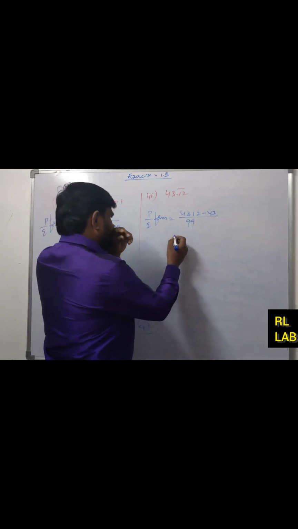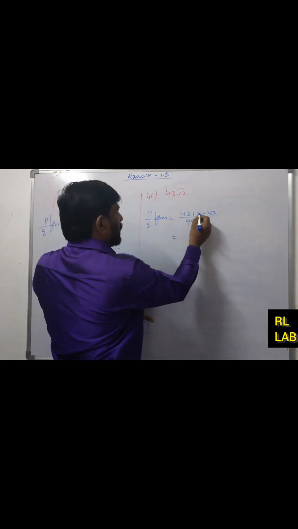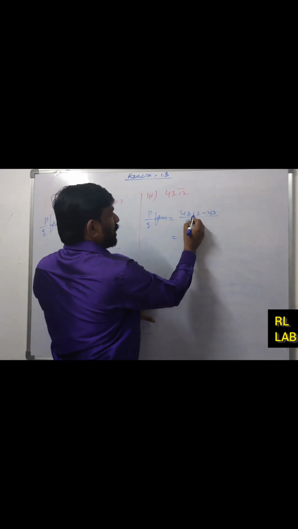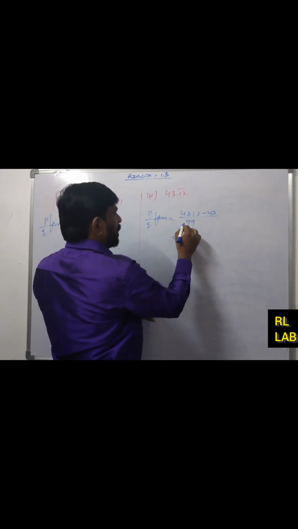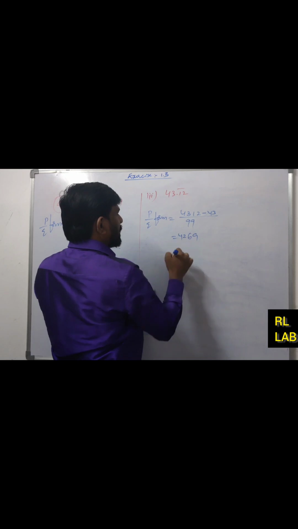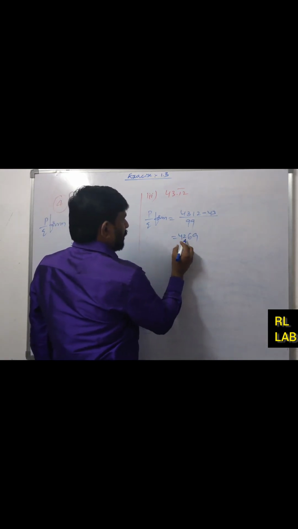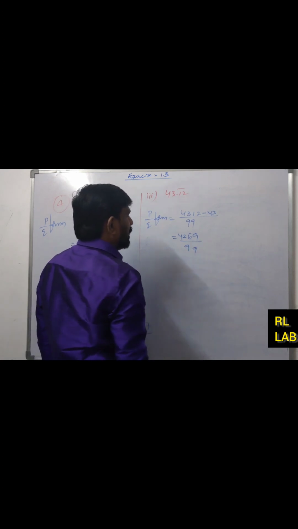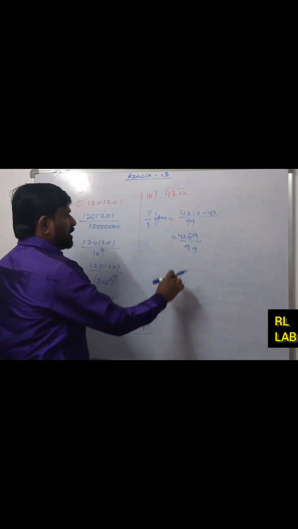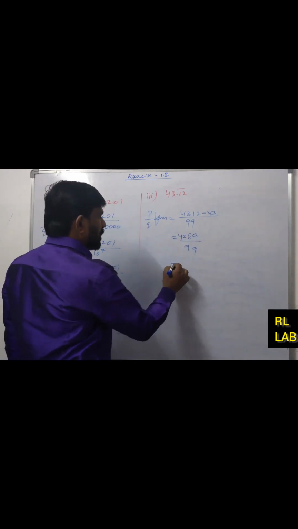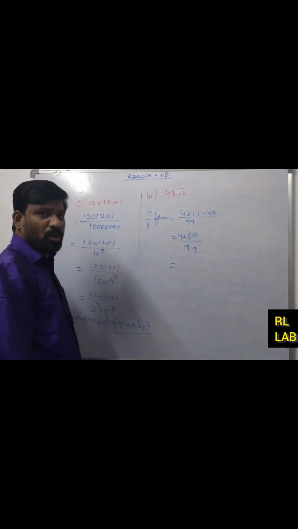So that's all. Now 4312 minus 43, 12 minus 3 is 9, and 10 minus 4 is 6, so 4269, am I right? Divided by 990. And this is 6 plus 6, 12, 12 plus 9, 21. I think it goes in simplified form, you have to do it.